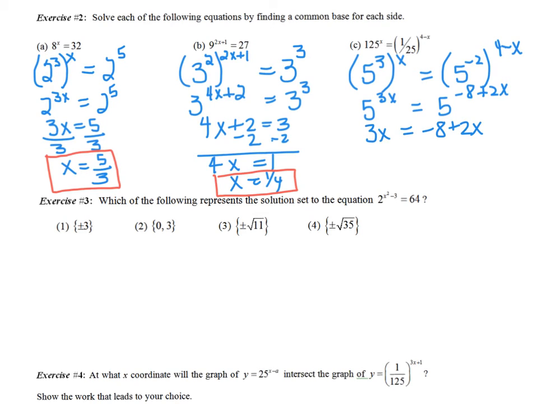Subtracting 2x from both sides, I get that x is equal to negative 8. So the only answer that makes my original problem, 125 to the x equals 1 over 25 to the 4 minus x, true, is the number negative 8.